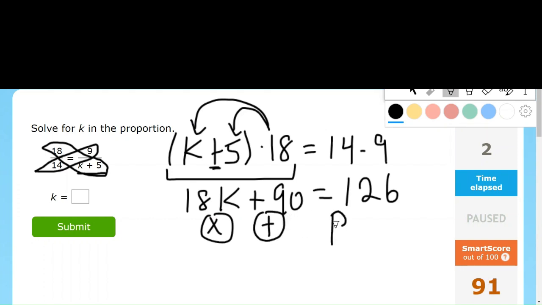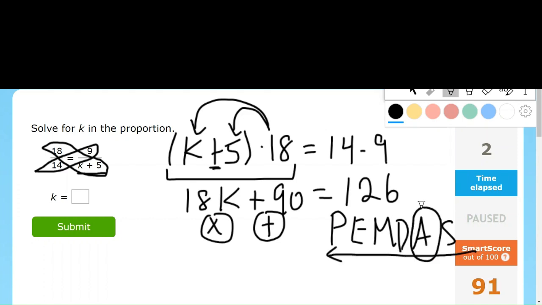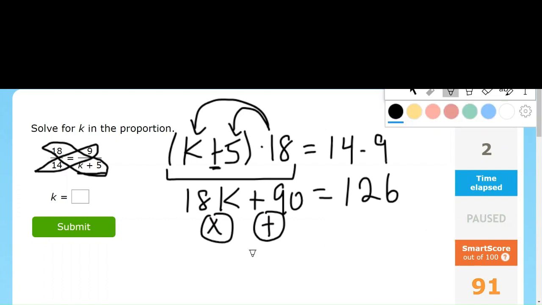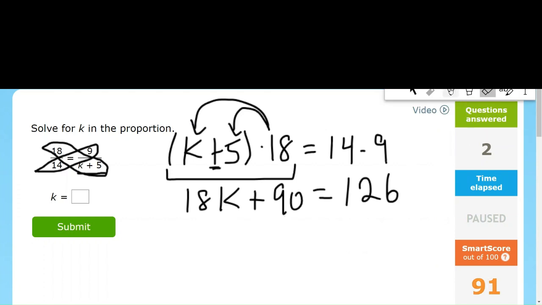If you remember PEMDAS, the order of operations, when we solve for the variable, we want to go in reverse. And you'll notice that we hit addition first before the multiplication. So we want to deal with the addition first. So we're going to do the opposite of addition. What are we adding by here? We're adding by 90.